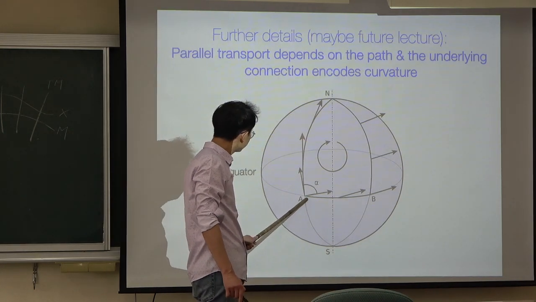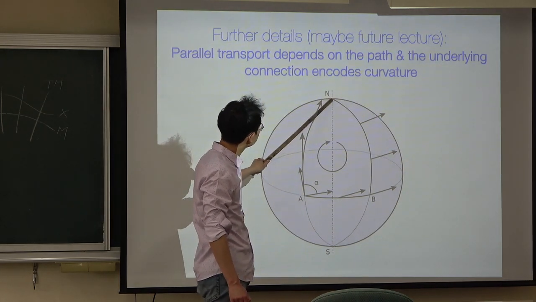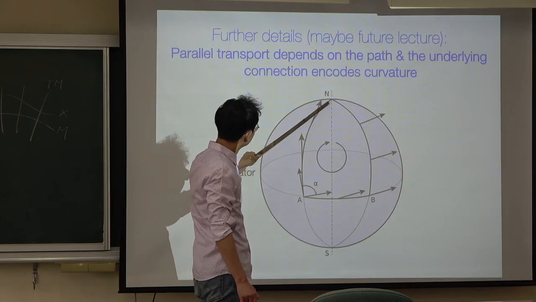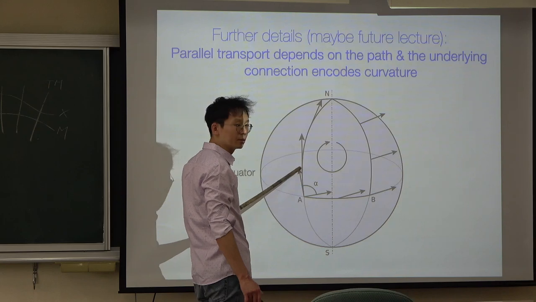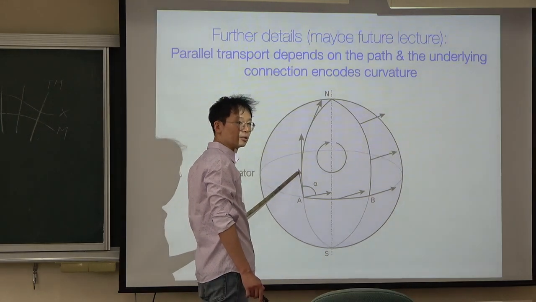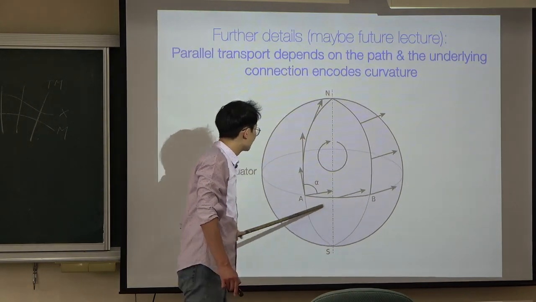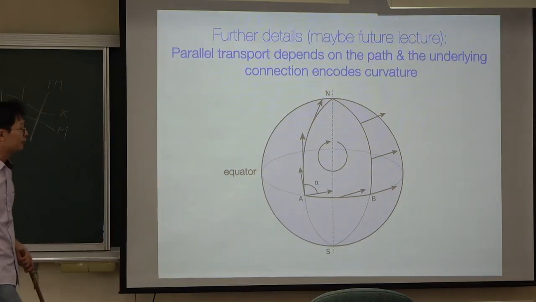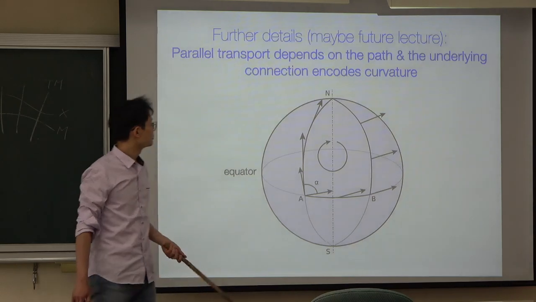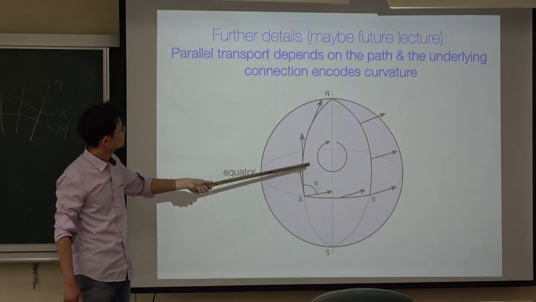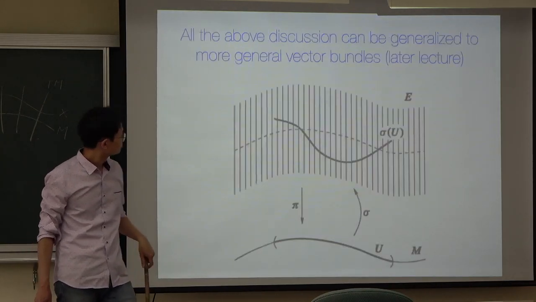But if you move it to the North Pole and you come back following the same trajectory, then you get the same vector. So the trajectory gives you a lot of information, and some ideas like holonomy and so on will be related. But we will discuss them in the future when we need them.